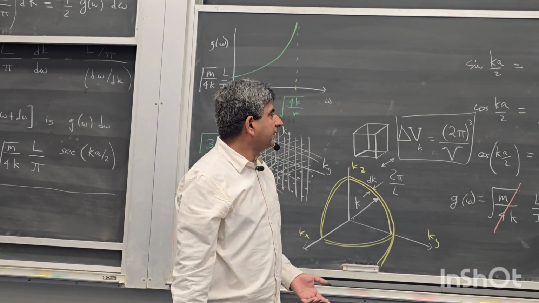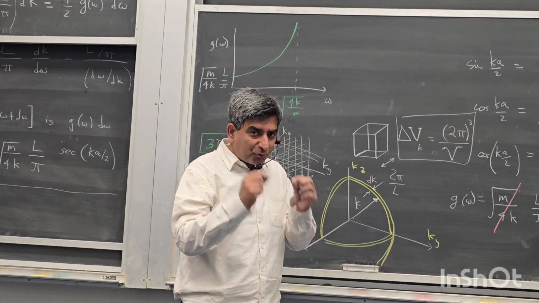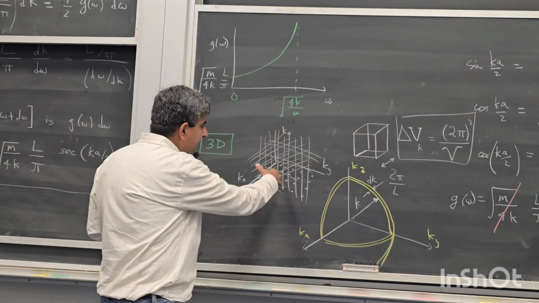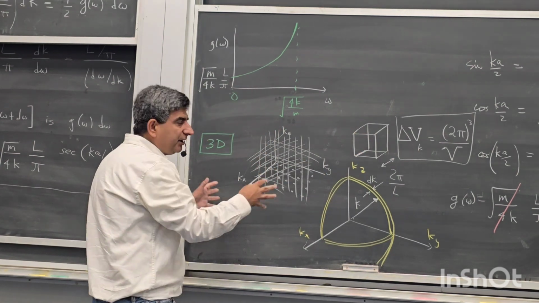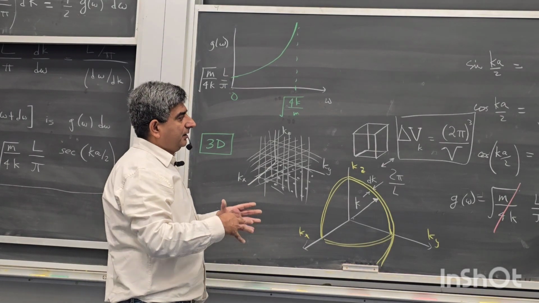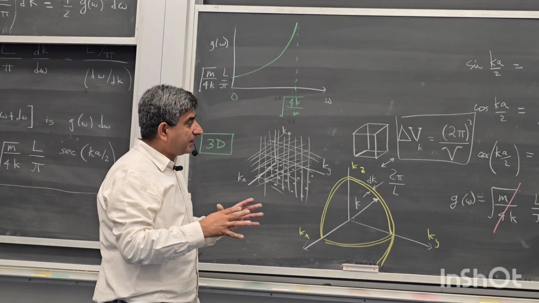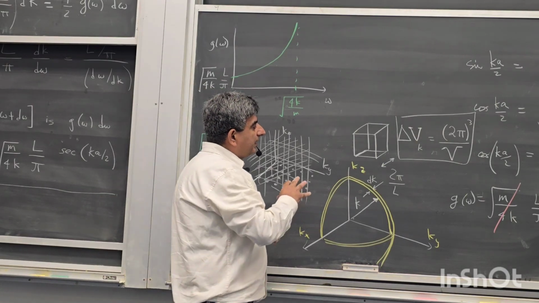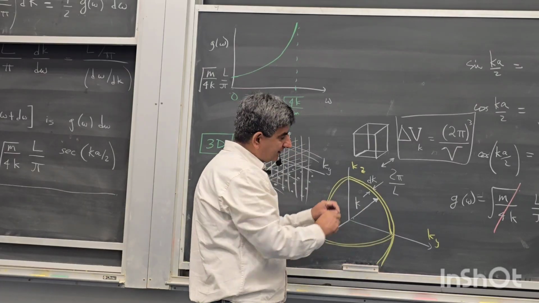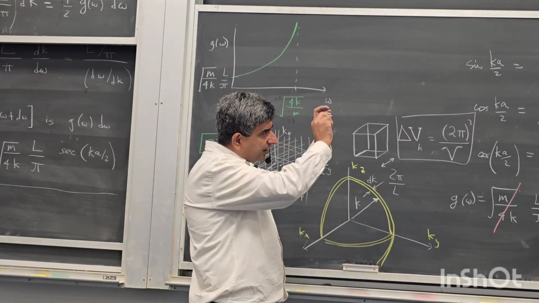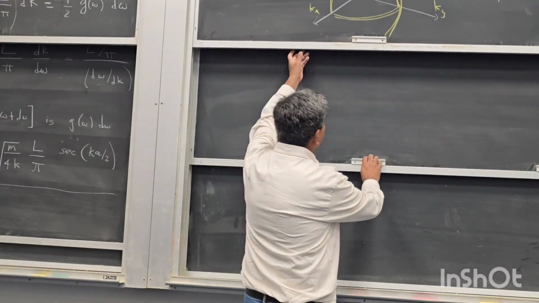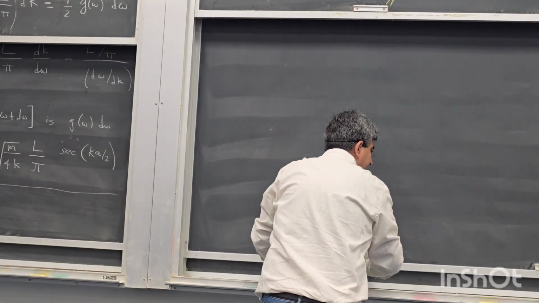Now we do know that each point, each mode, occupies this much volume in the reciprocal space. The number of points in the reciprocal space must equal the number of unit cells, because the number of degrees of freedom have to be preserved. So we'll just count the number of modes inside this thin shell.